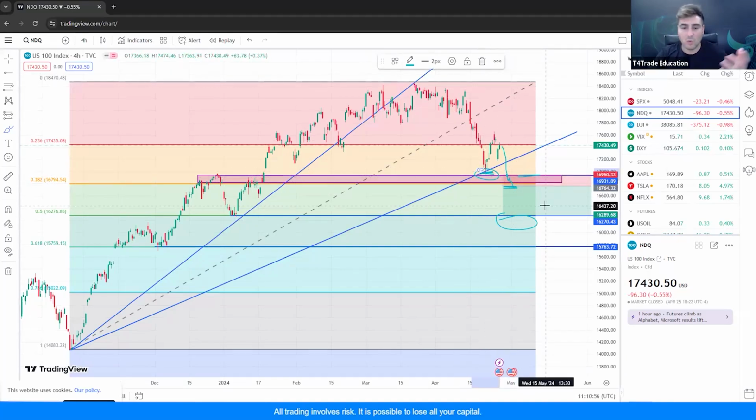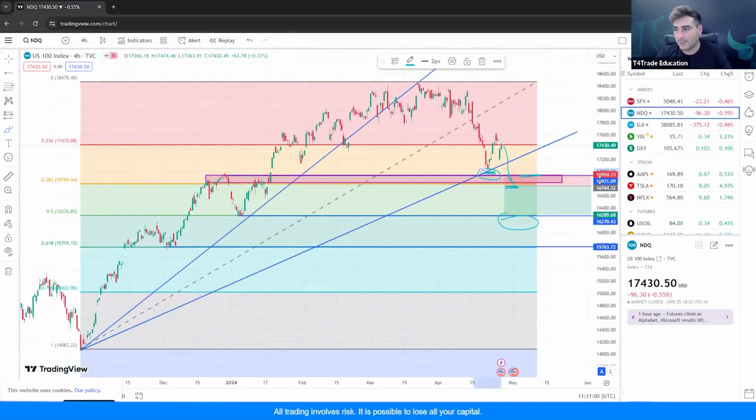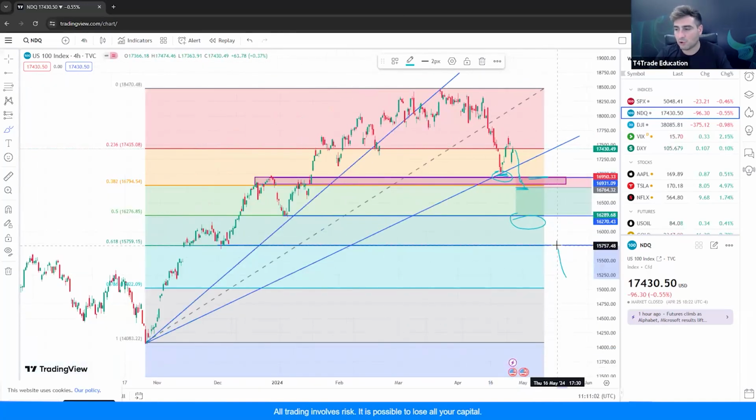There are many ways to play this. Again, we're using a short-term horizon, obviously without using any other technical indicators. You can add RSI, you can add moving averages, you can do MACD, you can do momentum.